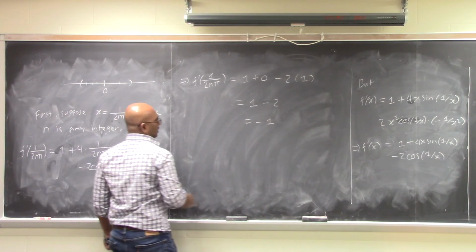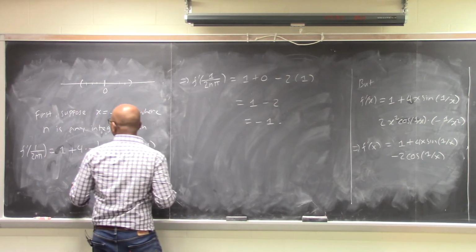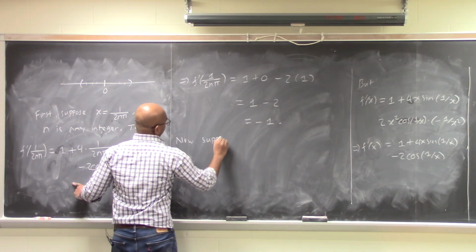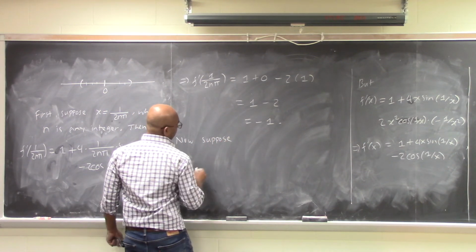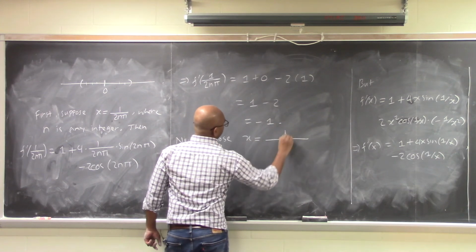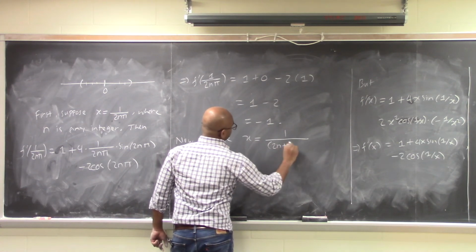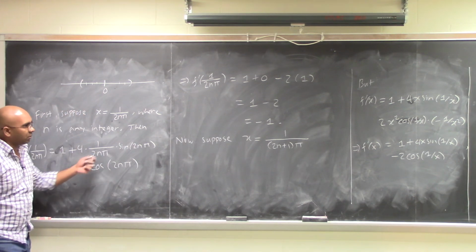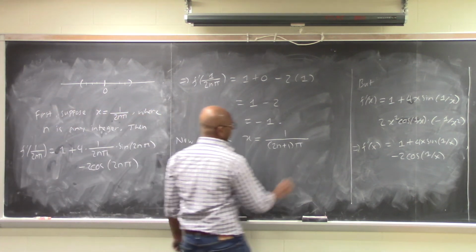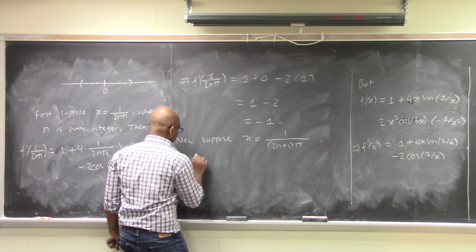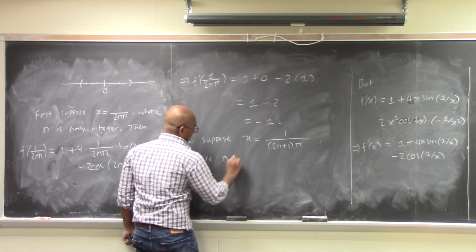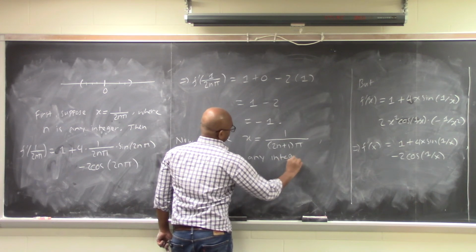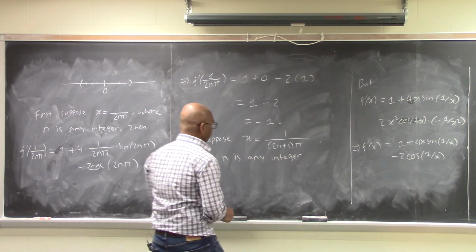And just to check this one more way, now suppose x equals 1 over (2n plus 1) pi. Here we took even multiples of pi at the bottom. Now we are taking odd multiples of pi, where n is any integer.